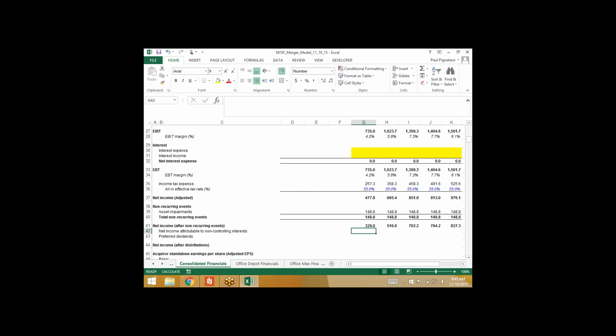How about net income related to non-controlling interests? What do we do with that? What do you do with that? The acquirer plus target, you take over the target, but you also take over the non-controlling interest. How do you think about that?